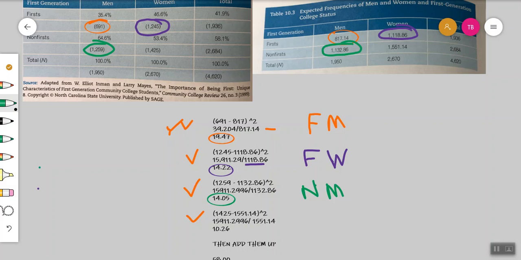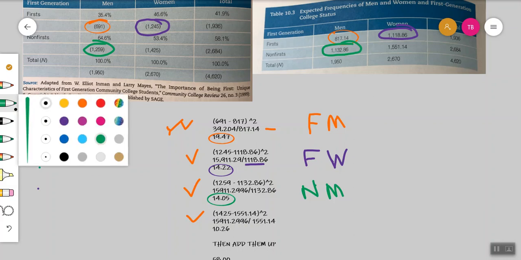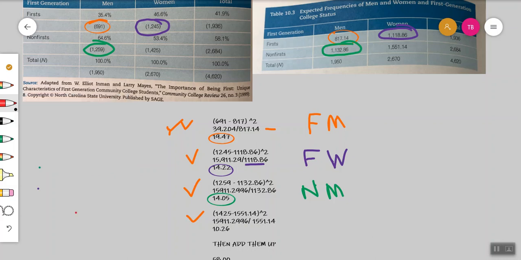That's the number for non-first generation men. Let's do one last one for non-first generation women. So 1425 minus 1151.14, squared, divided by the expected. Get 10.26.